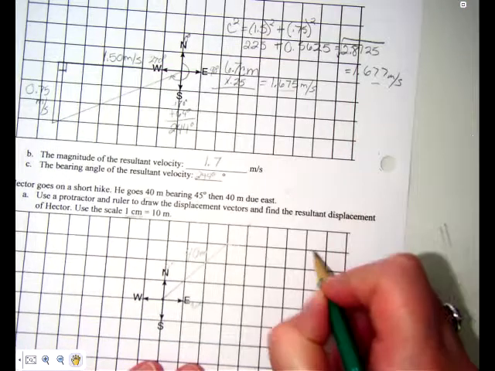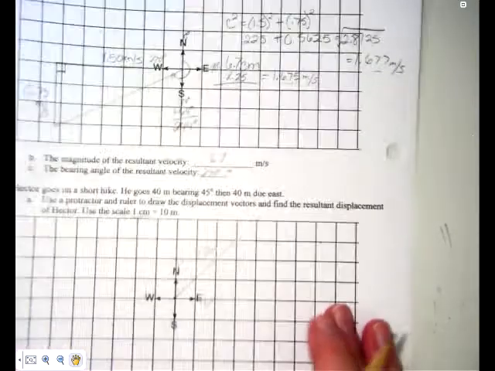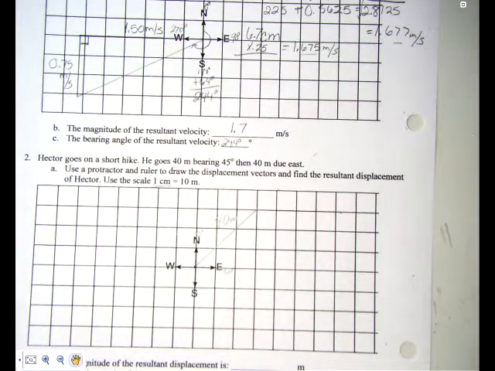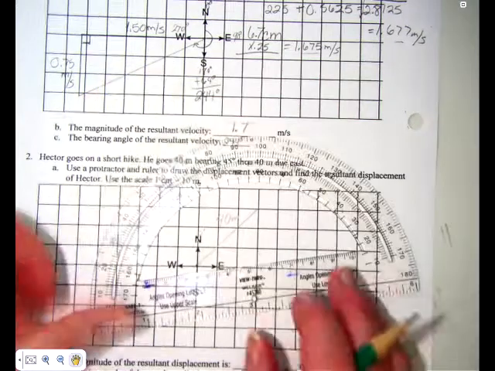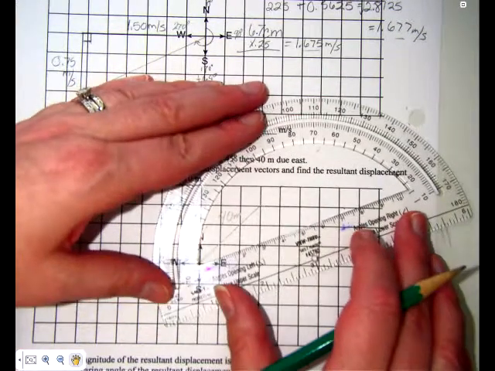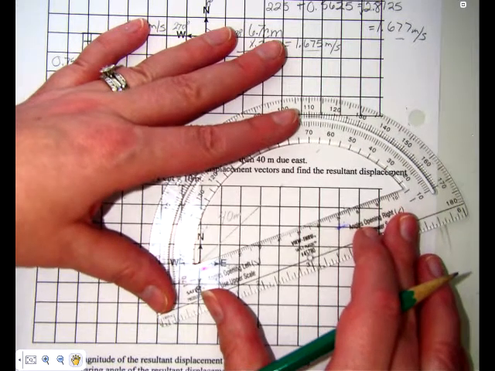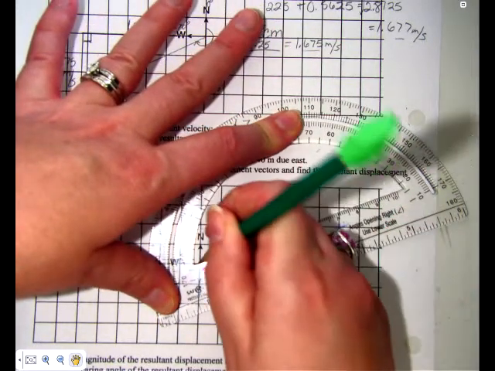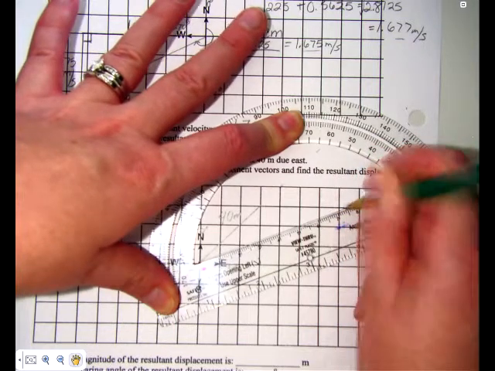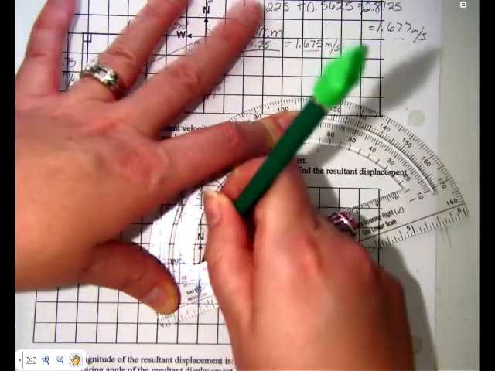Okay, so that's right on the line, so it's kind of hard to see where that ended. Okay, and now we're going to line up the start to end. And that's my resultant vector.